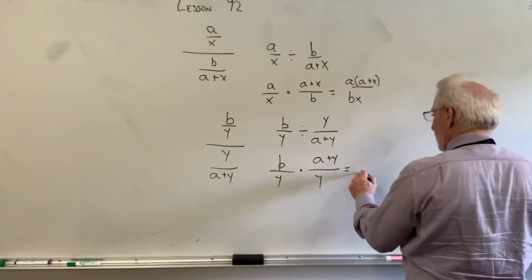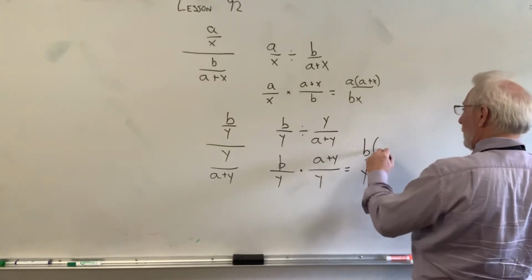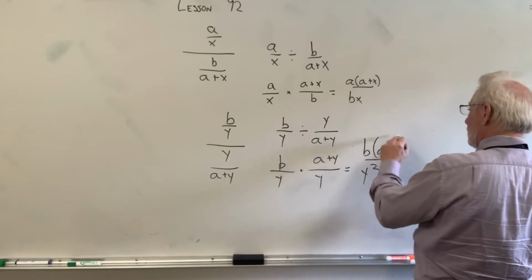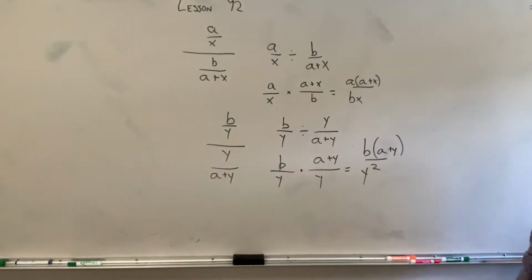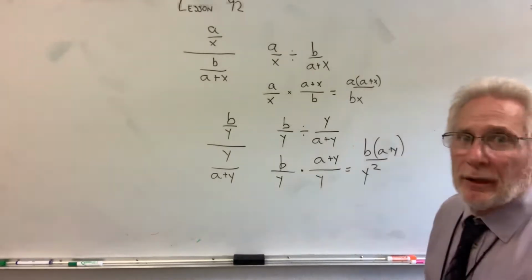And down here we're going to get Y squared. And on top, again, the way the book always has you do it is this way: B times A plus Y. Again, if you put AB plus BY, I get it, but that's not the way that they have us doing it. So anyways, pretty simple right there.